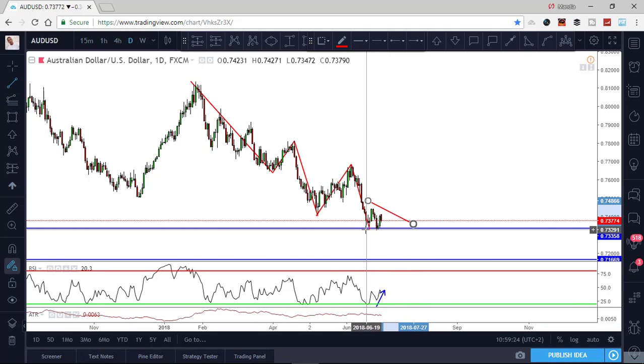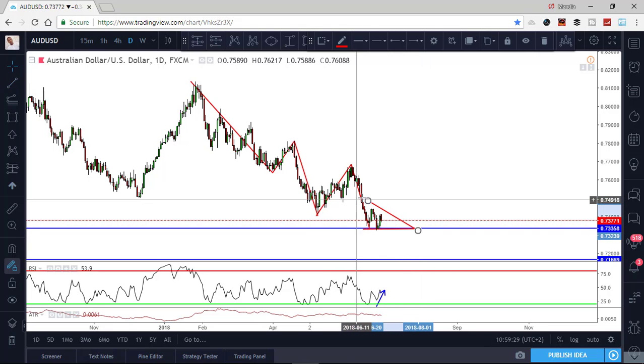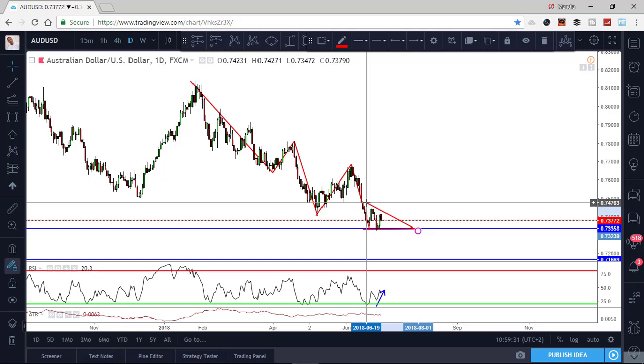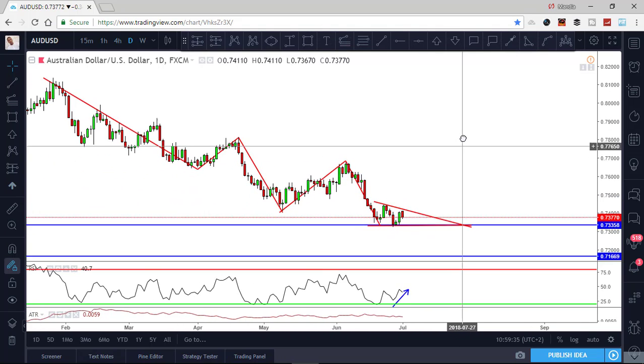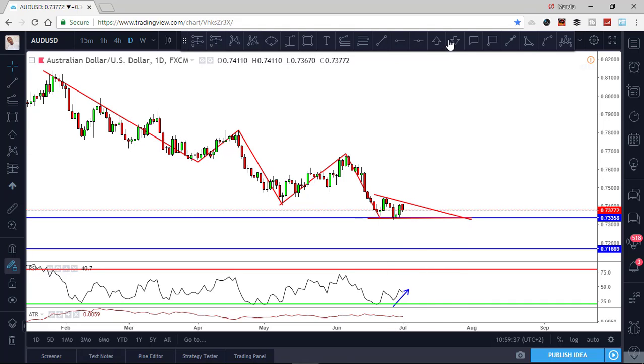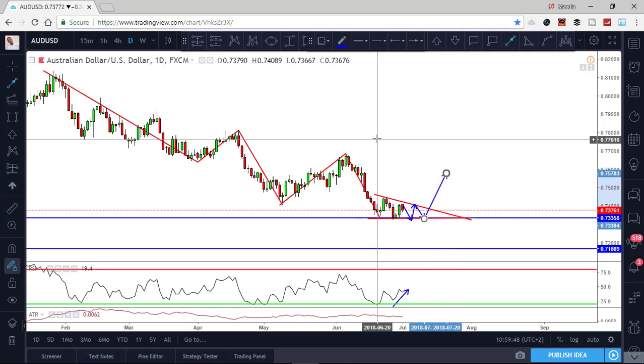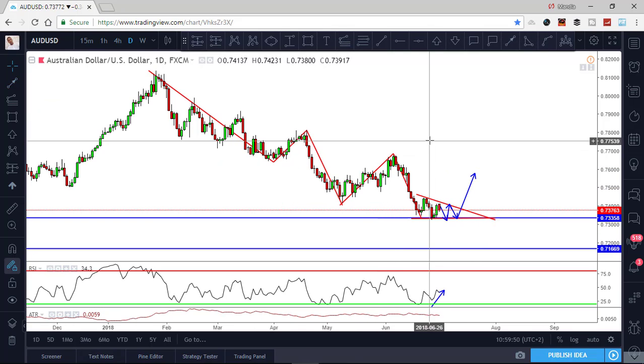As you can see, price is looking to consolidate, giving us a triangle pattern. Okay, if I zoom in much more, I would expect price to do something like this. Okay, then eventually break out, probably back to this structure level right there.